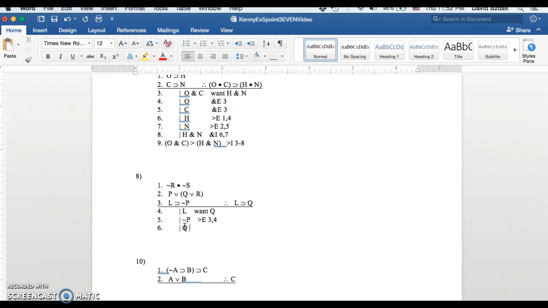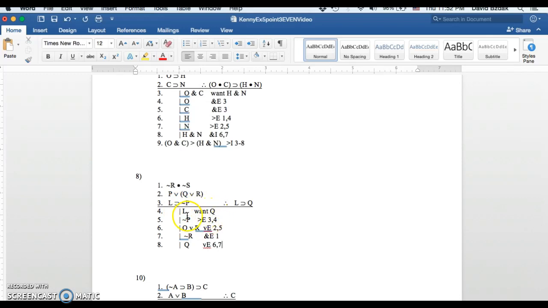If not P, we can get Q or R by disjunction elimination of 2 and 5. Now we can get not R by itself by conjunction elimination of 1. And that allows us to get Q by itself by disjunction elimination of 6 and 7.